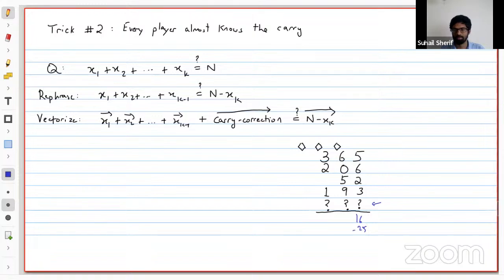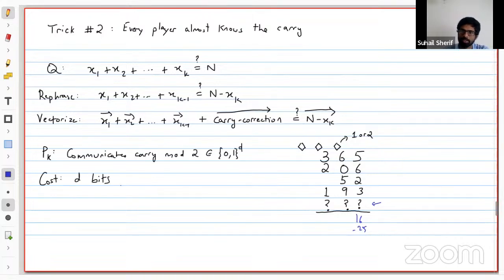If the kth player just tells me what the parity of this carry is, that's enough. If they just tell me this carry is even, then I will know that the carry is actually 2. I can add 2 plus 6 plus 5 plus 9 and find out 2 possibilities for this carry. Again, I have the parity of this carry, so I know which number it is, and I can just continue.